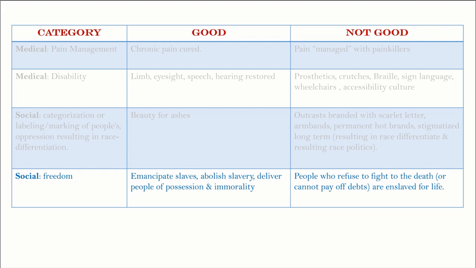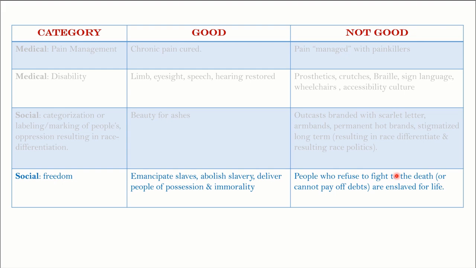Another area of society that may need reform is how we manage human freedom. In the past, people who refused to pay their debts were enslaved or imprisoned or worse. I believe there are instances of people who lost a war and were turned into gladiators.